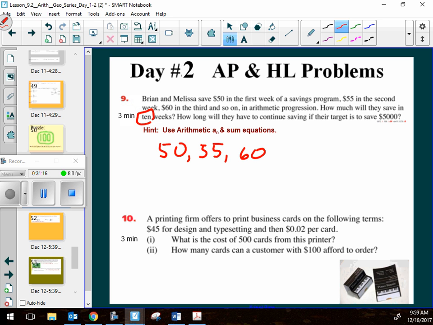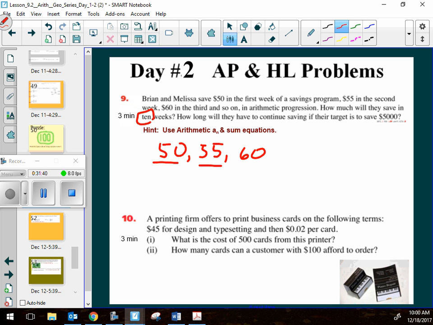All right. Now, just to clarify, they saved this much in the first week and they throw it in the bank somewhere. And they made this much extra in the next week, and now they throw that. So in other words, they're asking you to add up the first 10 numbers in this series. Is that anything new? No, you already had the arithmetic sum equation. That's the one that Friedrich does.